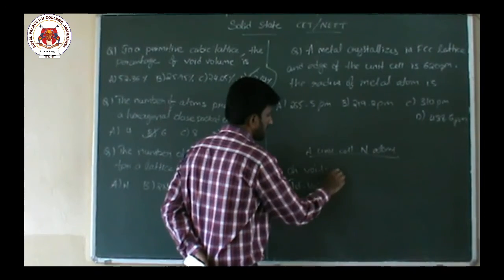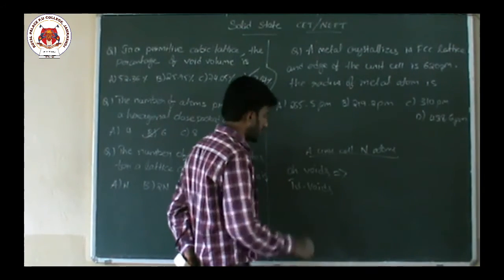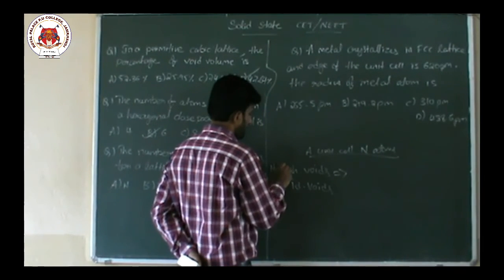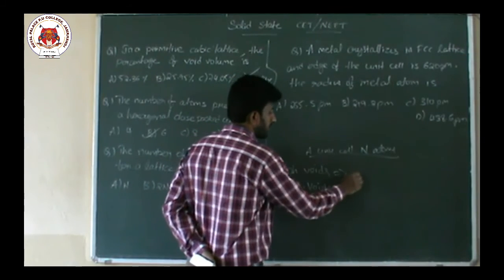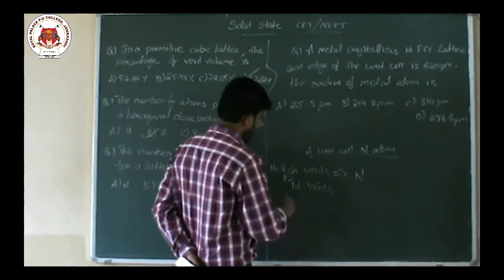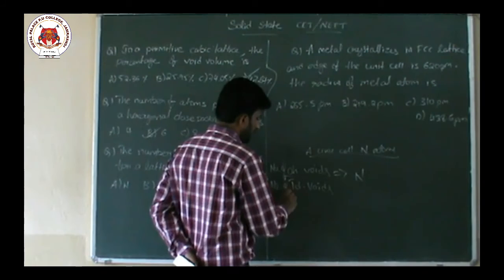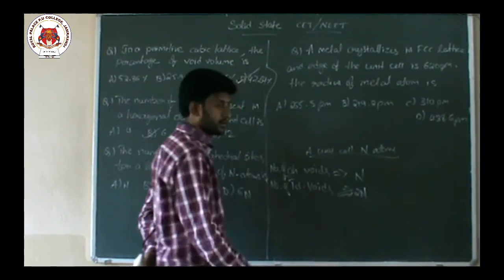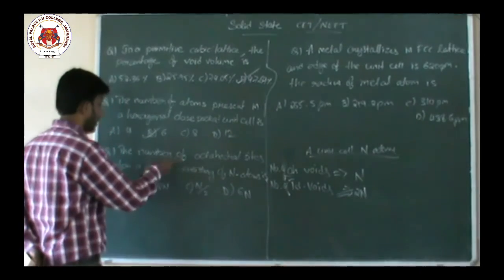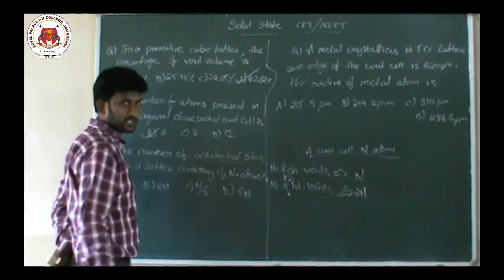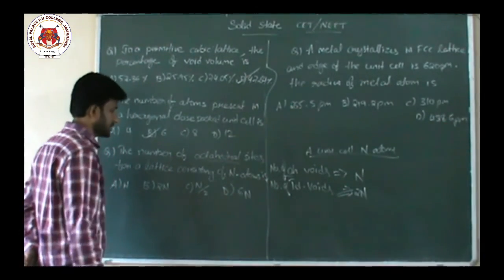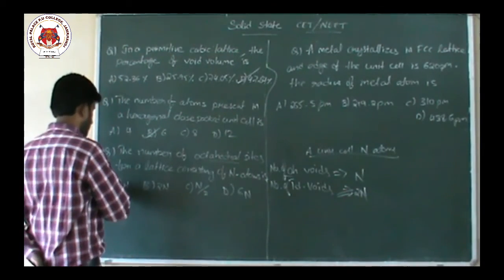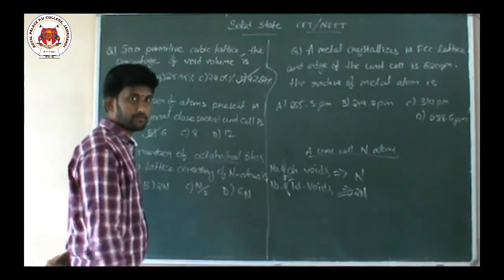For octahedral voids, the number of voids will be directly n, and for tetrahedral voids it is 2n. So if they want octahedral voids, then the answer must be n. Okay.